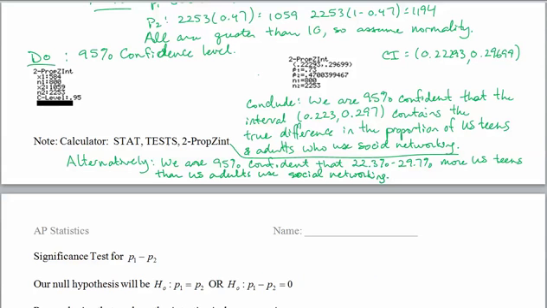Alternatively, we could say that we are 95% confident that 22.3% to 29.7% more U.S. teens than U.S. adults use social networking.